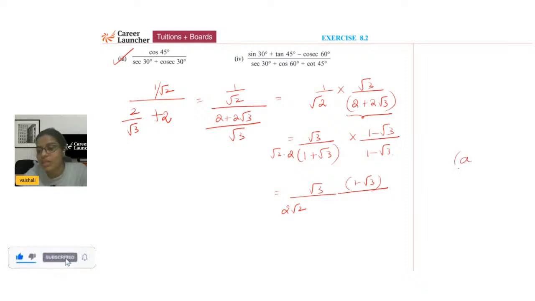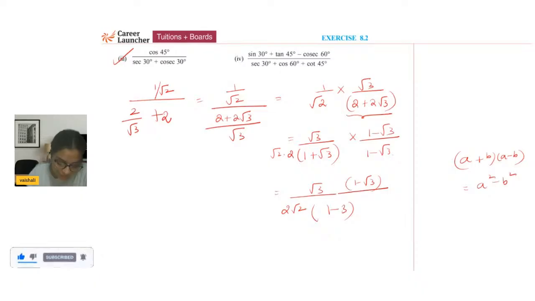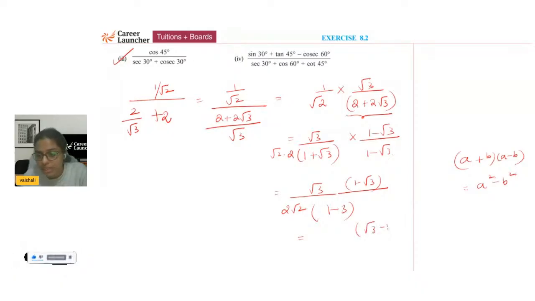In the denominator I can apply a plus b, a minus b ka formula, which is a square minus b square. So this will be 1 minus 3, and if you will simplify this, what are you getting, everyone? So this is minus 2. So what if I'll rewrite this as under root 3 minus 1, and in the denominator we are having 2 into 2, 4 under root 2.